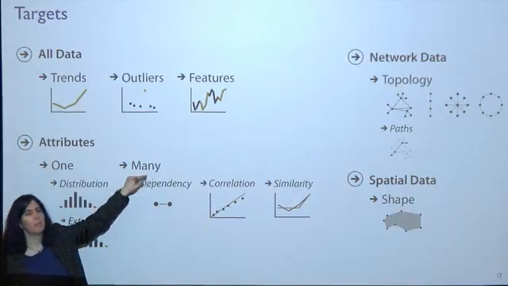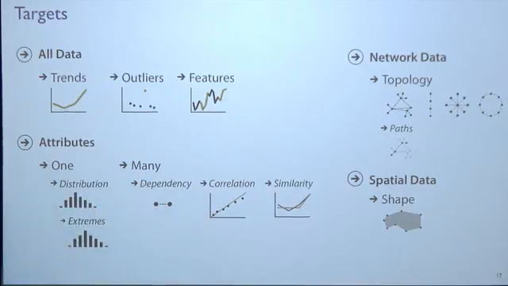But there are some questions that are about relationships between multiple attributes. And so, for example, is one attribute dependent on another? Are they correlated? Are they similar? These are questions about multiple attributes, not just one. And there are also some targets that depend on the kind of data. So once we have network data where we've got relationships between items, suddenly we can ask questions about the topological structure of the network.